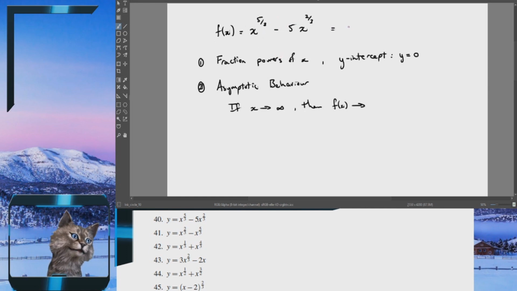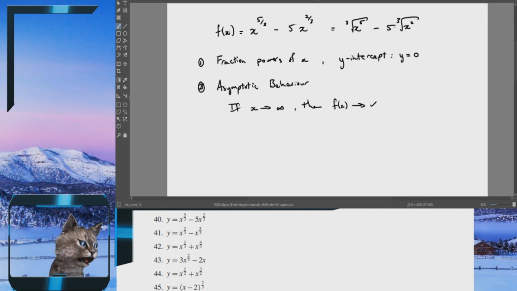Now remember, I can rewrite this as x to the power of 5, the cube root, minus 5 times x squared, the cube root. Maybe that cube is not very clear. There we go. So, x to the 5 gets bigger when x gets bigger, positive.